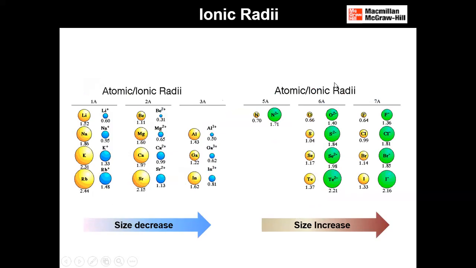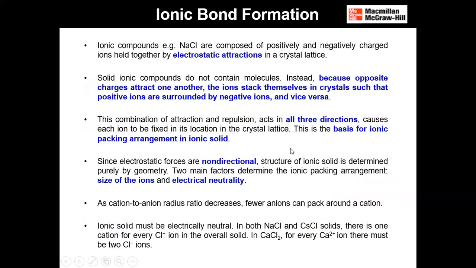So this is the arrangement for the ionic solid. As I told you, the radius of the ion is going to decrease when it transfers electrons, and for the one accepting electrons it is going to increase. So you have to know this.